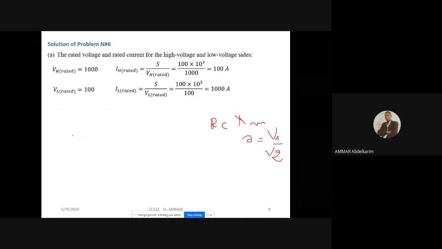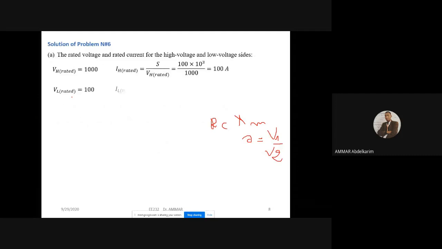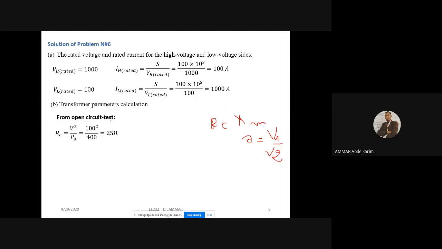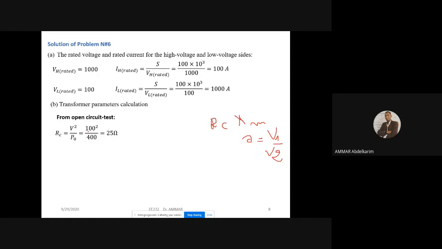So let's go back to the data. The power in the no load test is 400. Therefore, R_C equals 100 squared, which is the voltage given in this test, over 400, and equals 25 ohm.